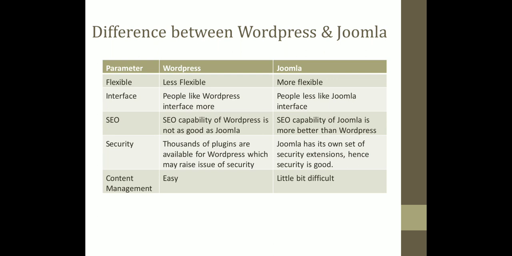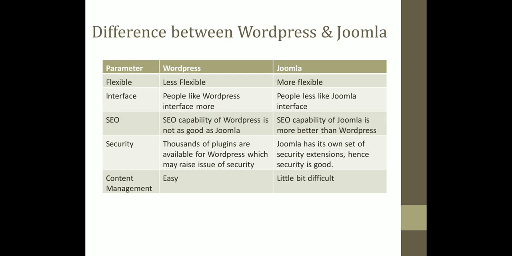Then the SEO capabilities, that is search engine optimization capabilities, we can say. The SEO capability of WordPress is not as good as Joomla, where the SEO capability of Joomla is better than WordPress.